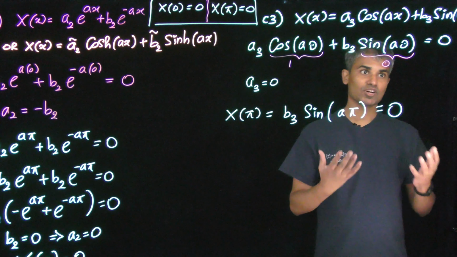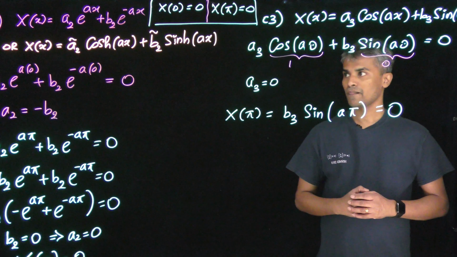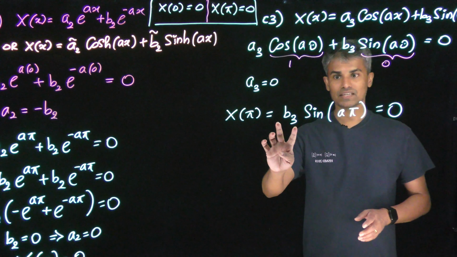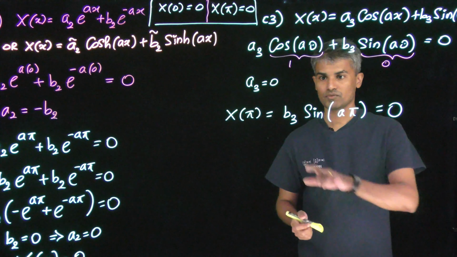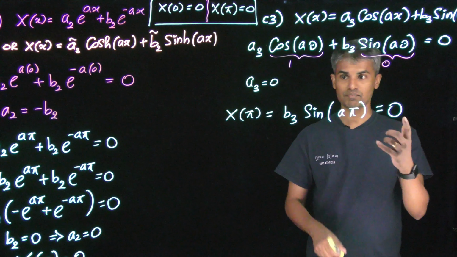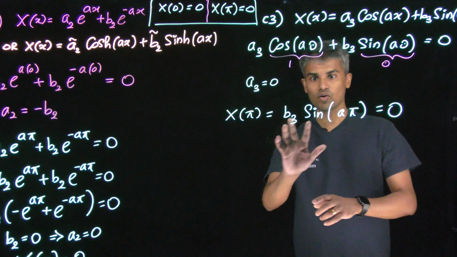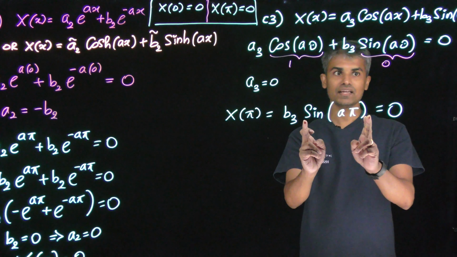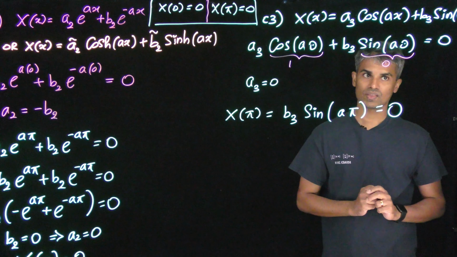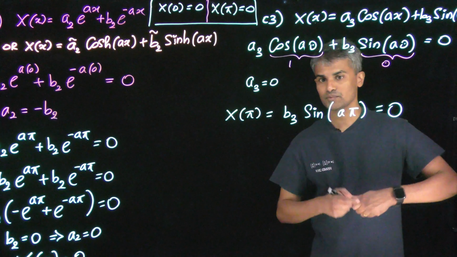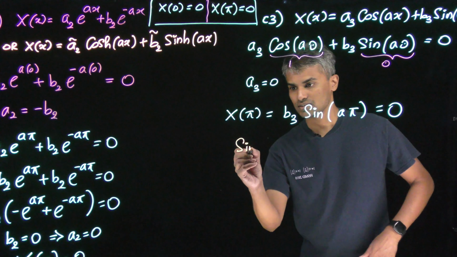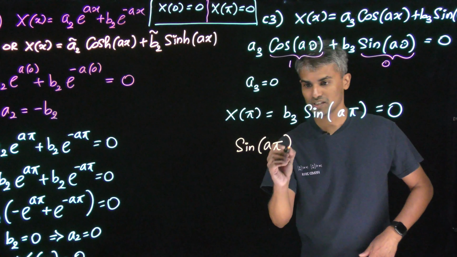Since we are looking for non-trivial solutions, let us say b3 does not equal 0. Because we have a product that equals 0, it means either b3 can be 0 or this sine of a pi term can be 0. If b3 does not equal 0, then the only possibility is that sine of a pi must be 0.